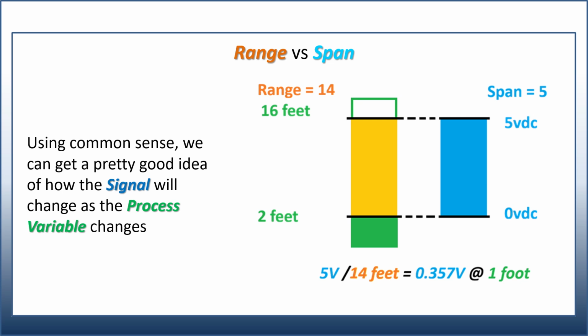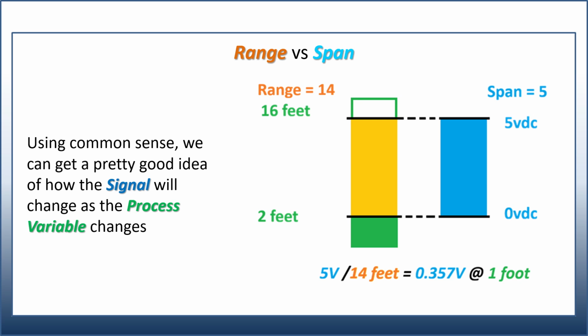Now our signal goes from 0 to 5 volts. We have a span of 5. So it seems to make sense that every time the water would go up, say a foot, we should be able to figure out roughly how much the voltage should increase.